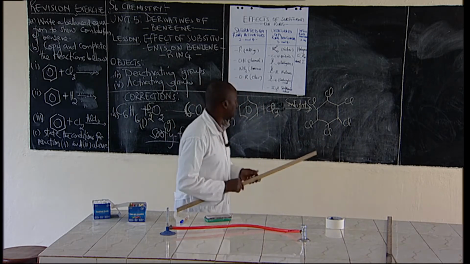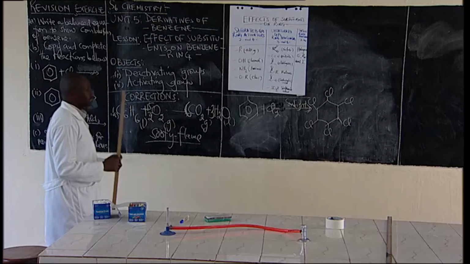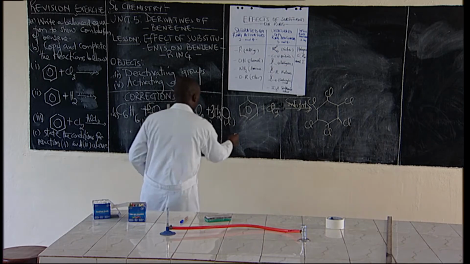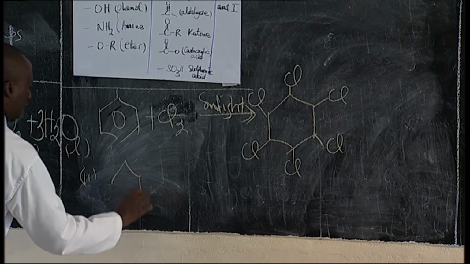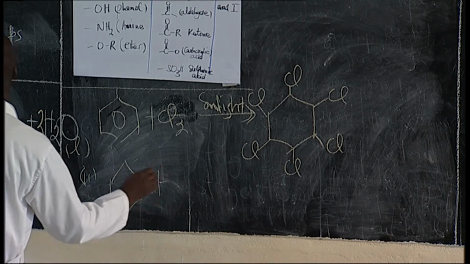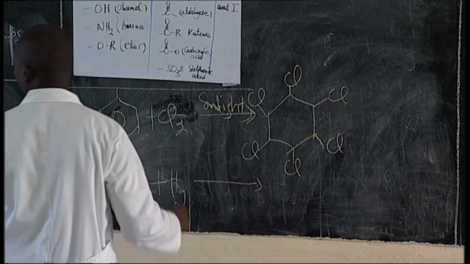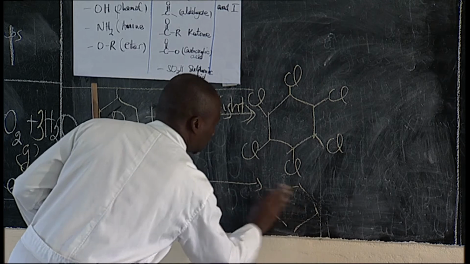If you remember, such a reaction we looked at in alkanes. Then we have another reaction here with hydrogen. Similarly, that is part 2, benzene will react with hydrogen to produce cycloalkane. This is cycloalkane.